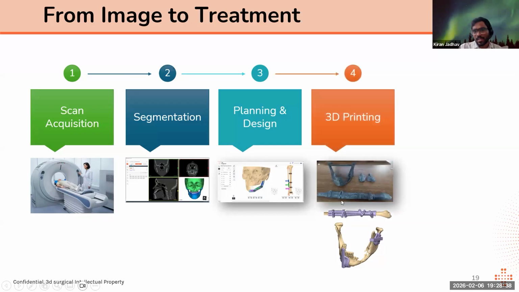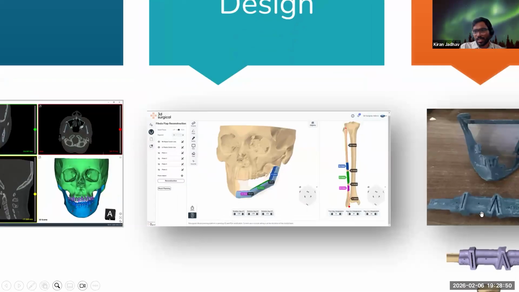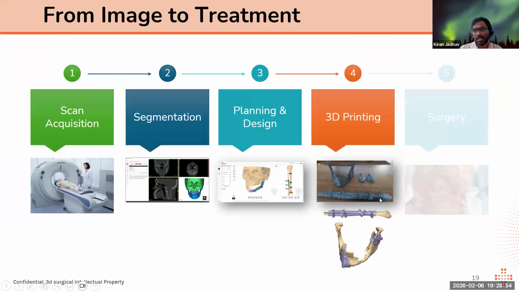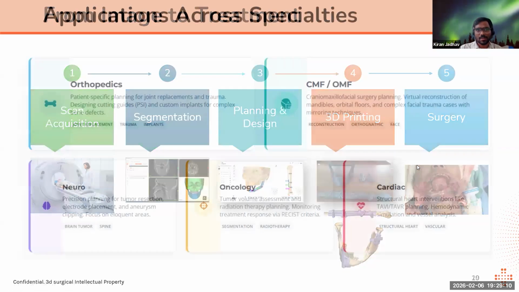Here we can see the 3D printed part that will be used during the surgery to get the proper cut using this particular cutting guide. And you can see the final outcome. All this happened because the medical image was proper and good, and due to that we are able to do surgery.